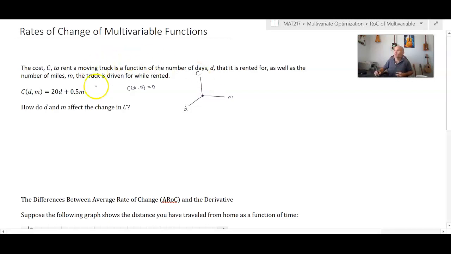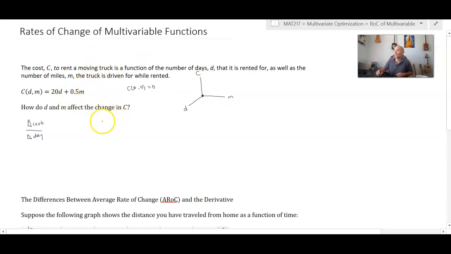But as we begin unpacking this and thinking about what happens if we only change D, in other words, what is the change in cost per change in day, I'll write it like this: the change in cost per change in day. Let's focus on fixing the value of the other variable.